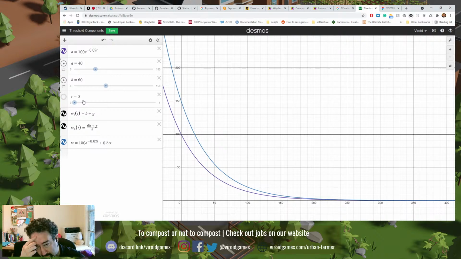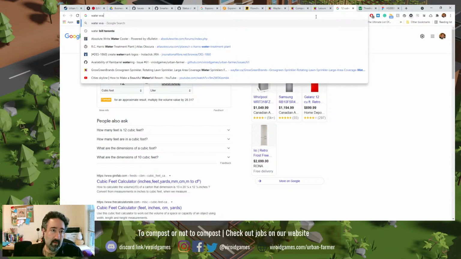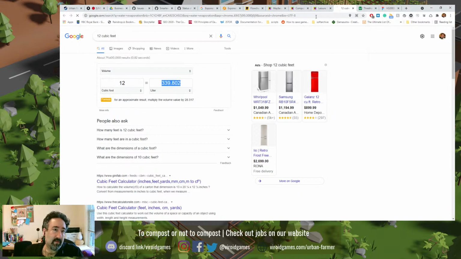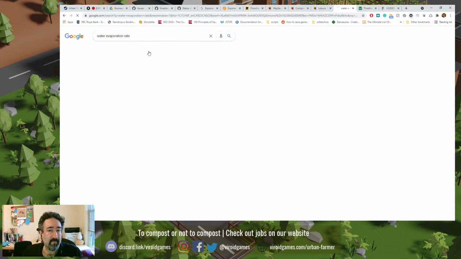But isn't that the opposite thing? I don't know, what is the science of it? Water evaporation rate. Someone has actually answered that question.